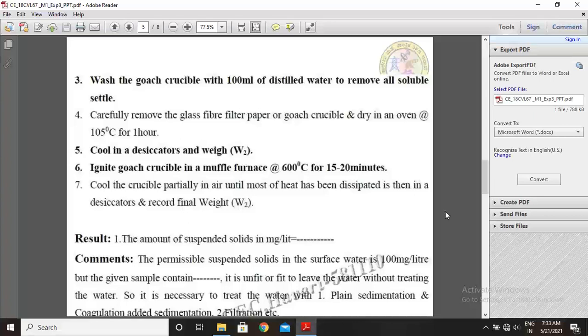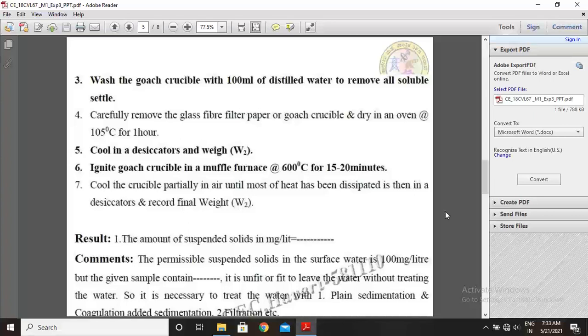Ignite gauge crucible in a muffle furnace at 600 degrees centigrade for 15 to 20 minutes.